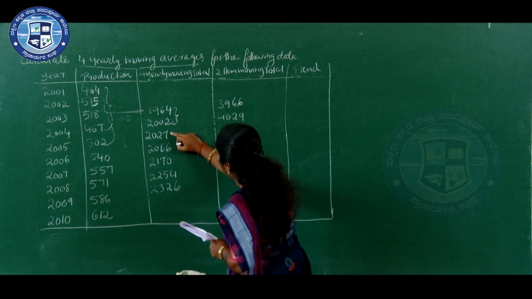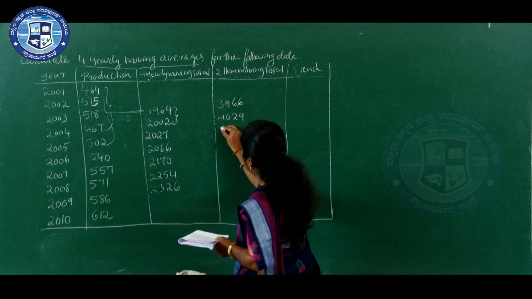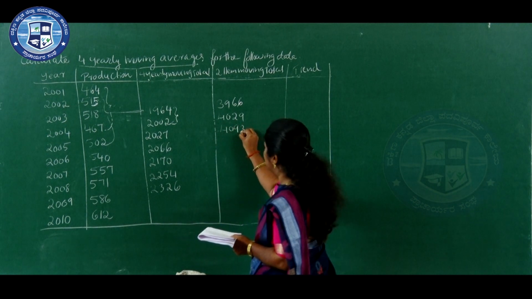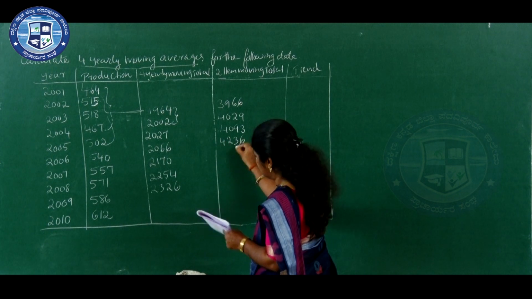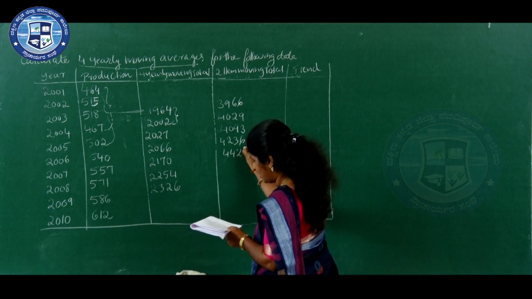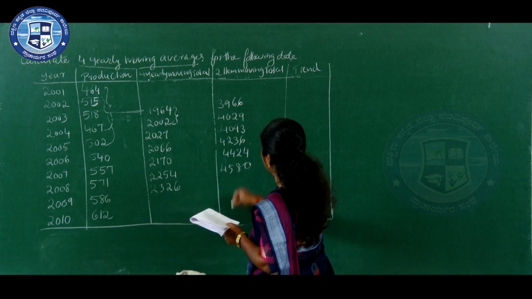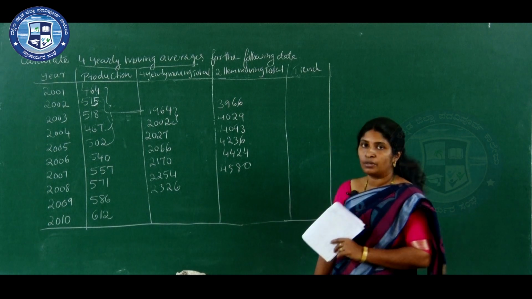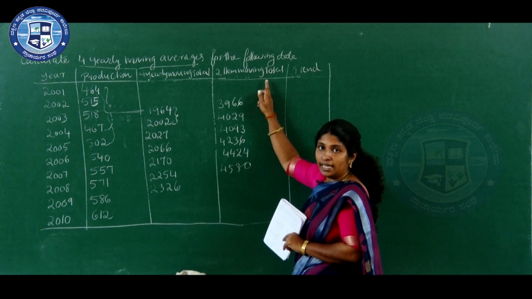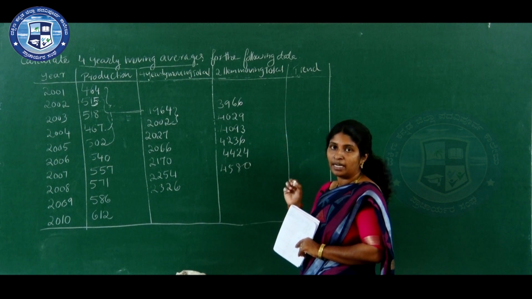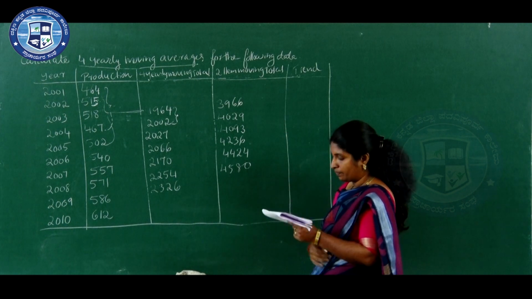Then 2027 plus 2066, that is 4093, the next is 4236, then 4424, then the last one is 4580. And last you have to obtain the trend values, that is the 2-item moving total divided by 8.